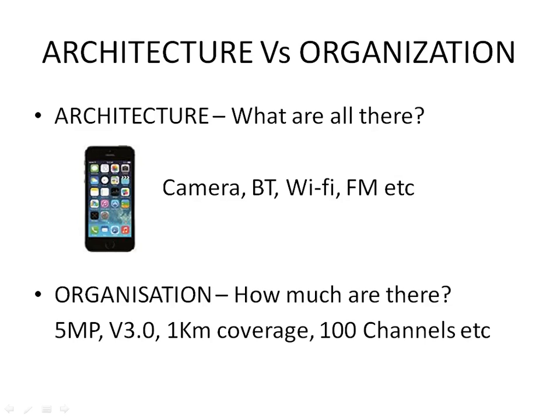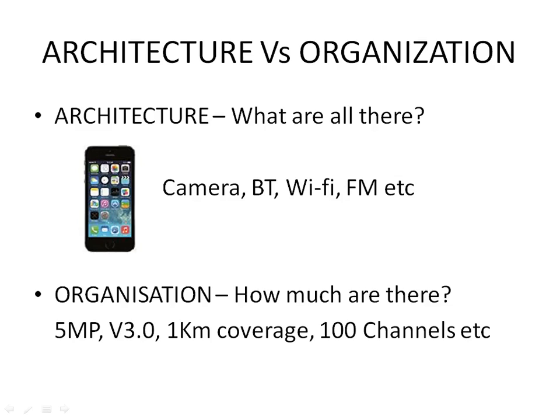For example, you go to a shop to purchase a smartphone, and you ask the shopkeeper, is a camera available, is Bluetooth available, is Wi-Fi available, is FM supported, and so on. Architecture means we analyze that a camera is there, Bluetooth is there, Wi-Fi is there and FM is there.